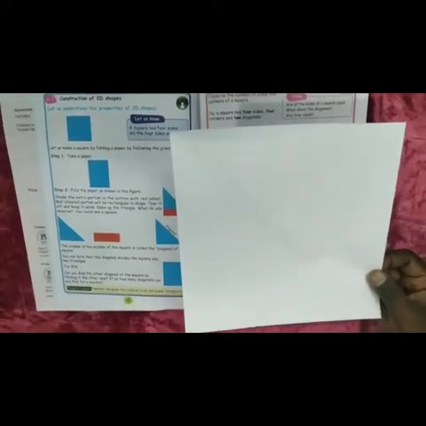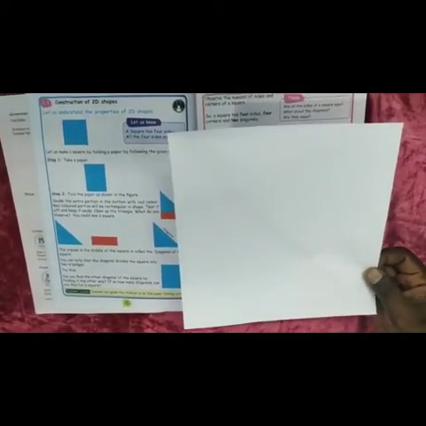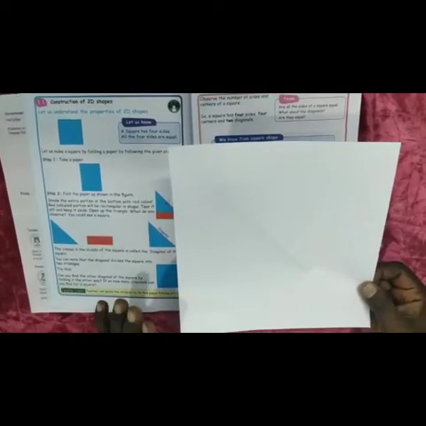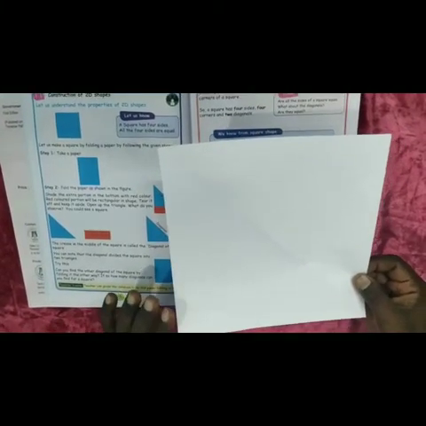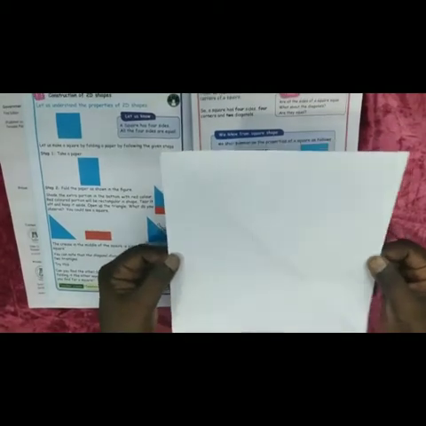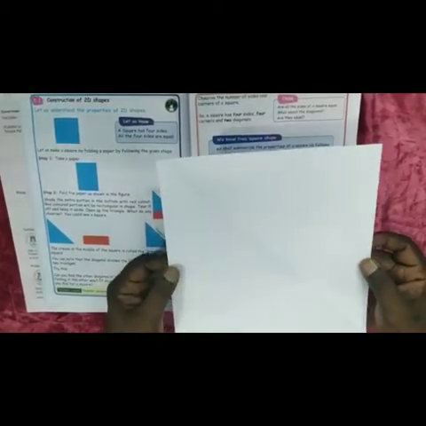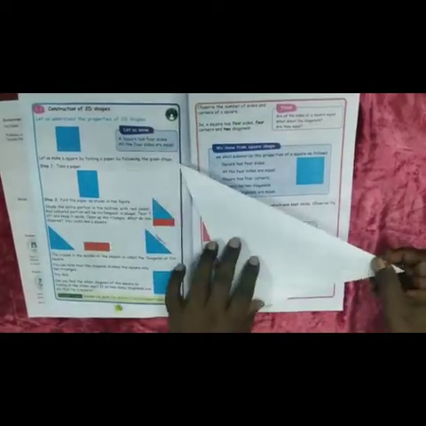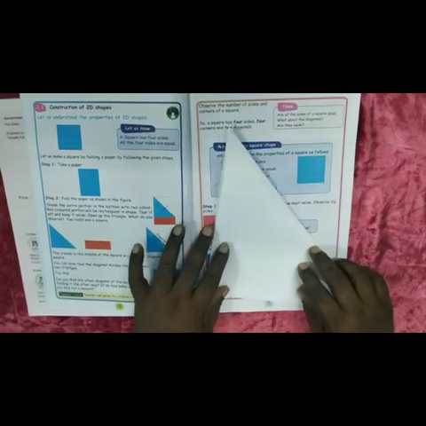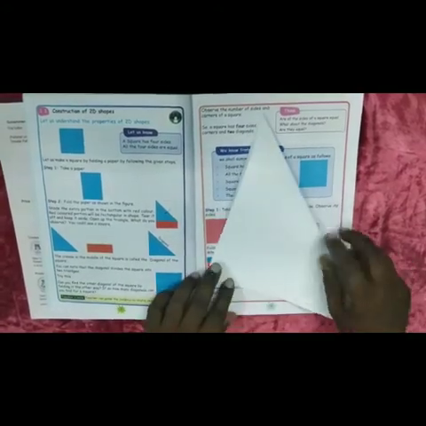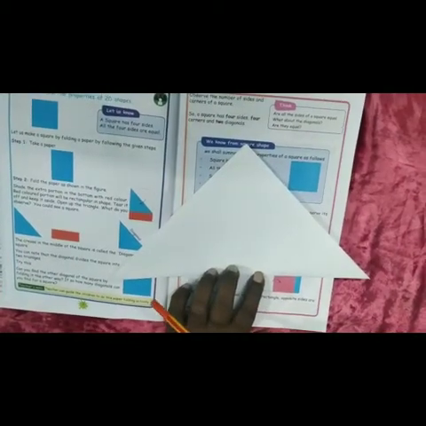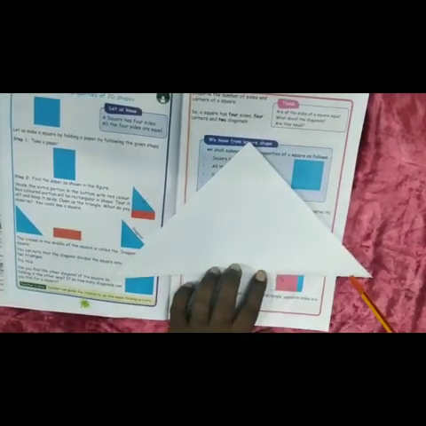Take a square shaped paper. Already we have learned that the 4 sides should be equal. Now the activity is with the square. This is a square paper. Fold the paper. Now when we fold, you see this is also a type of triangle having 1, 2, 3 corners.